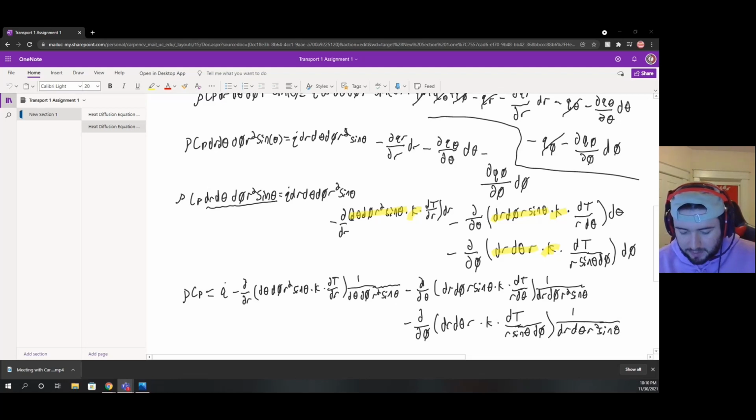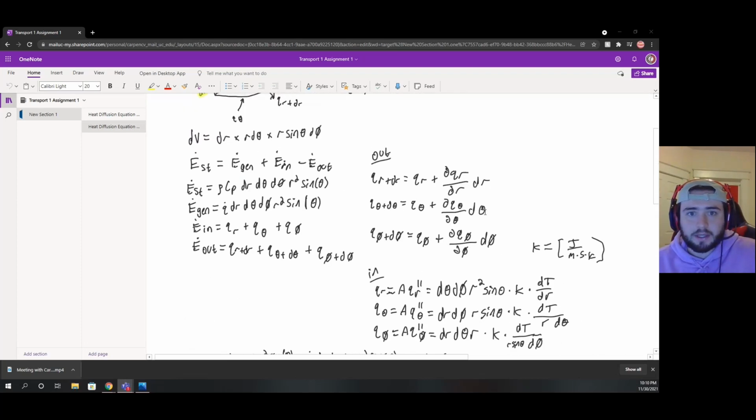I just realized that my energy storage was incorrect from the beginning. So I'm just going to add this in there. This is all multiplied by the change in temperature in terms of time. So we're going to have to go through and add all that.